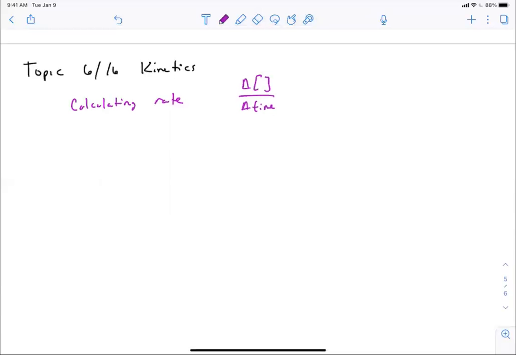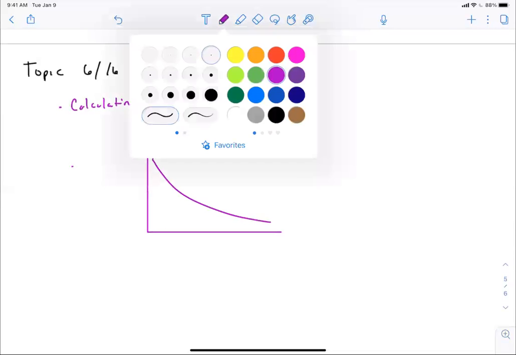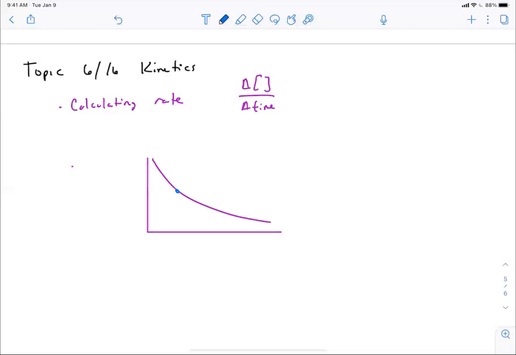And so you may be given values for this, but you may also be given a graph and you may be expected to find a point and find the tangent to that point. The slope of that would be your rate as well. So for SL, most of it is just calculating rate based on a given experiment or things like that.